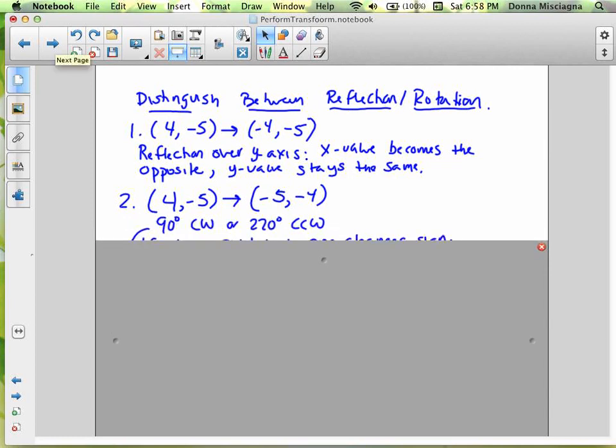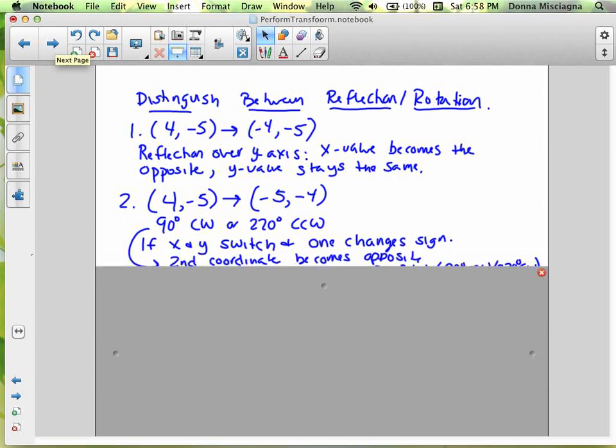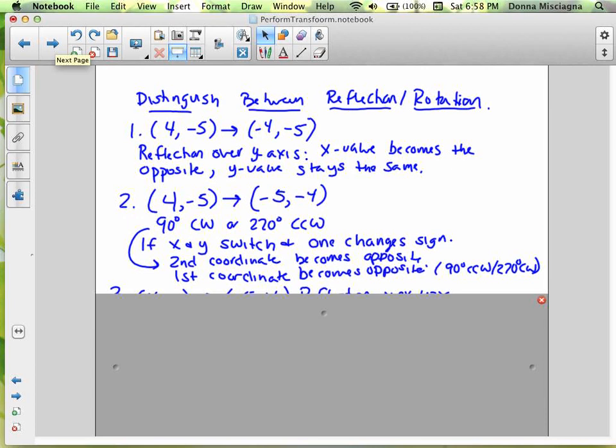If you can't remember it, just grab yourself a little coordinate plane and look at it. So it's either 90 degrees clockwise, going clockwise from the 4th to the 3rd quadrant, or 270 degrees counterclockwise. If x and y switch and one changes signs, it has to be 90 or 270.